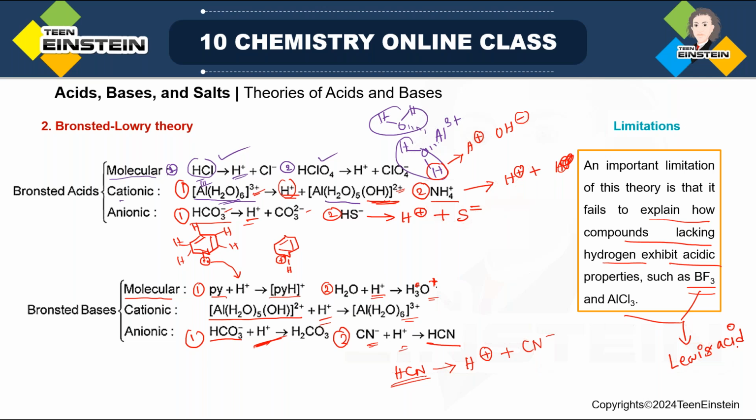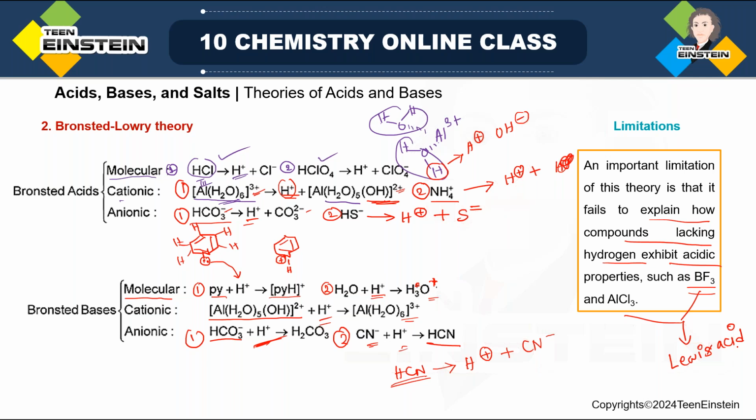Under the category of Lewis acid, you can have so many species where presence of hydrogen atom is not necessary, because for Bronsted acid, the definition is all about whether it can donate H plus. But when it is Lewis, those restrictions are not present. It is not necessary that it has to have some H plus.